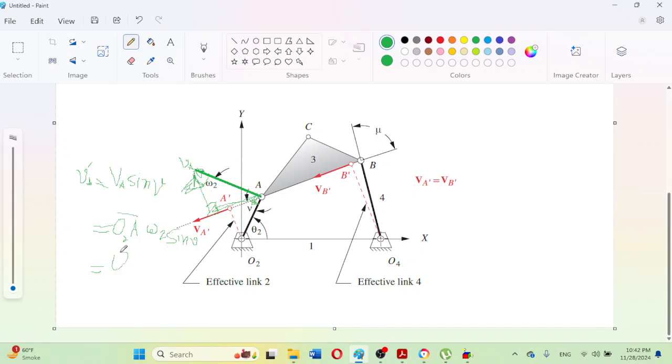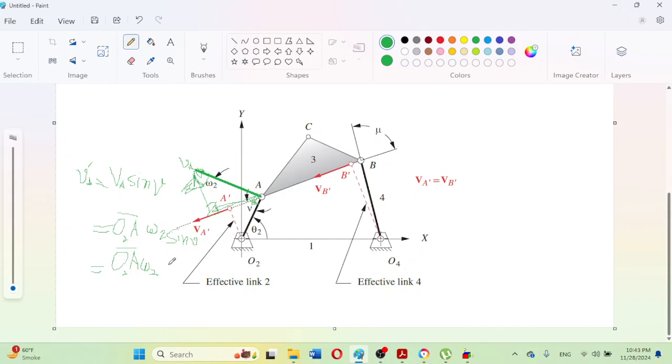I can write O2A and omega 2 here, and now input the value of sine V from this triangle.